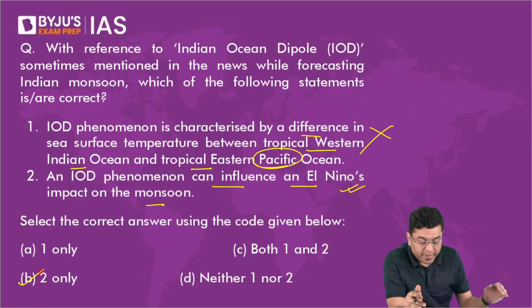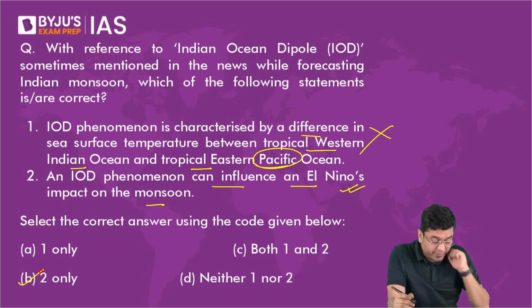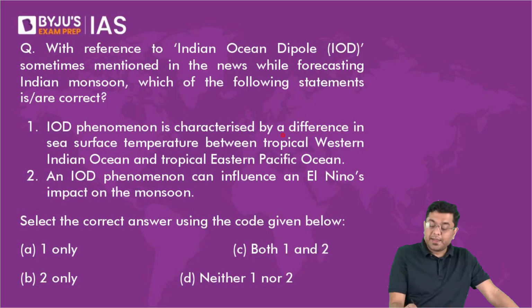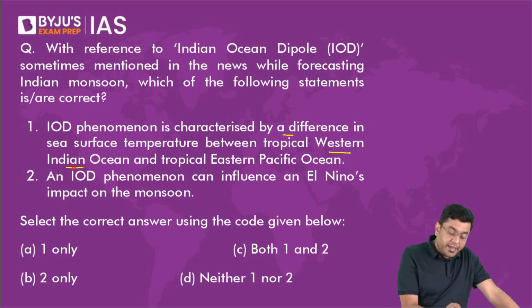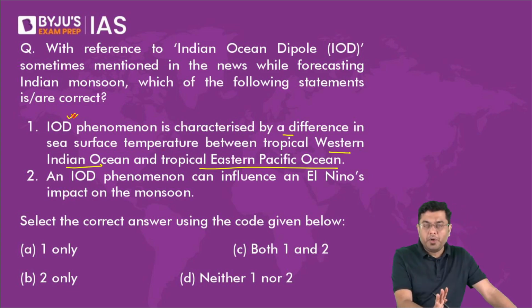So why is the first statement incorrect? When you take a look at the first statement, IOD phenomena is characterized by a difference in sea surface temperature between tropical western Indian Ocean and tropical eastern Pacific Ocean. Even if you have not studied the Indian Ocean dipole, can it represent the difference involving the Pacific Ocean here? Where is the tropical Eastern Pacific Ocean?